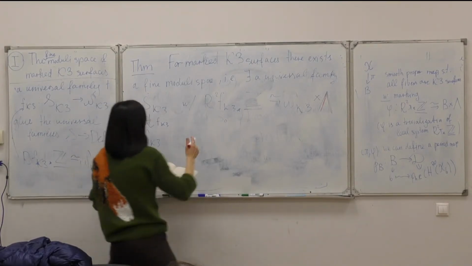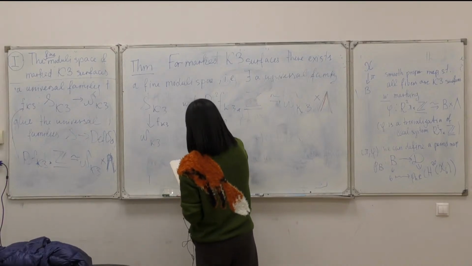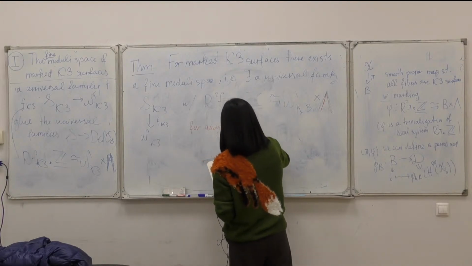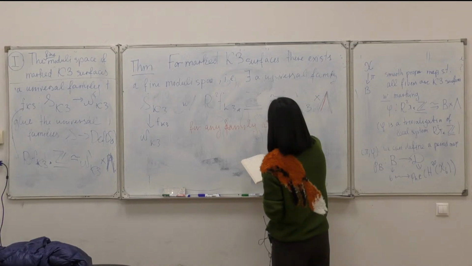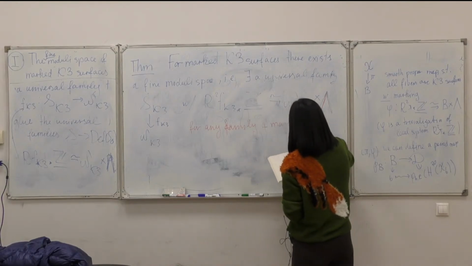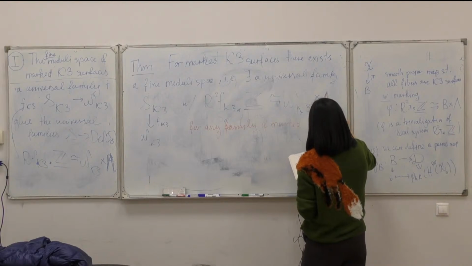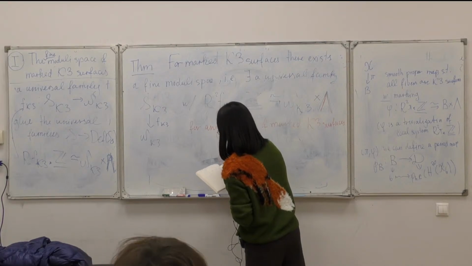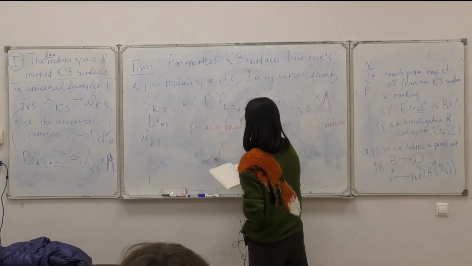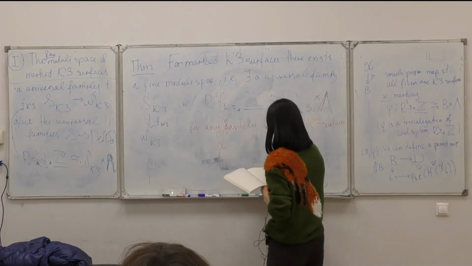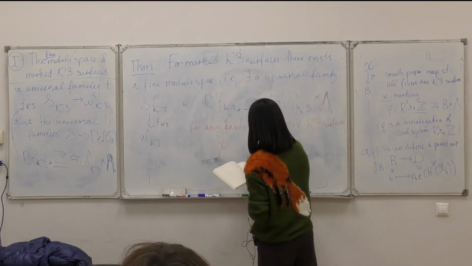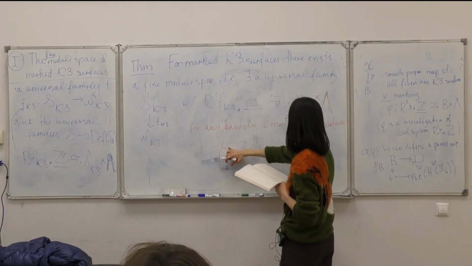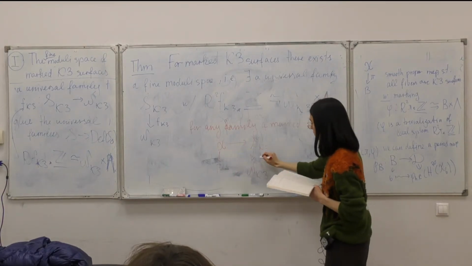So this means that for any family of merged K3 surfaces, there exists a map to this universal family such that the corresponding family of merged K3 surfaces is a pullback of the universal one.